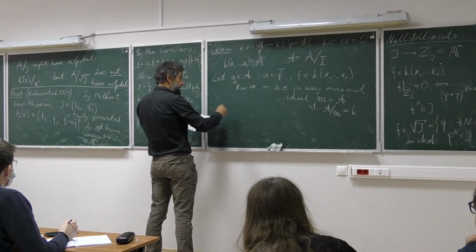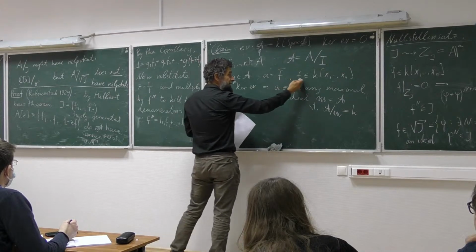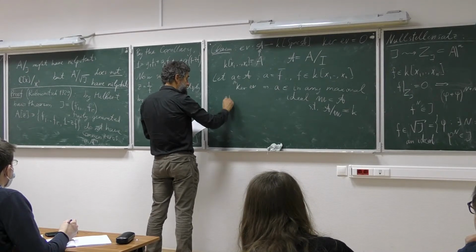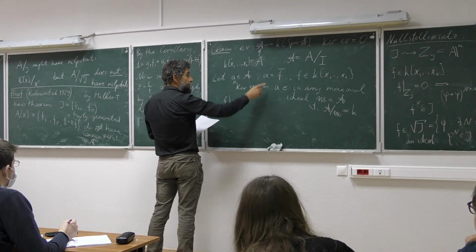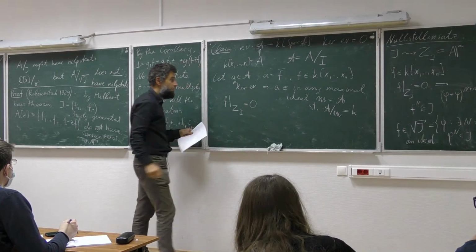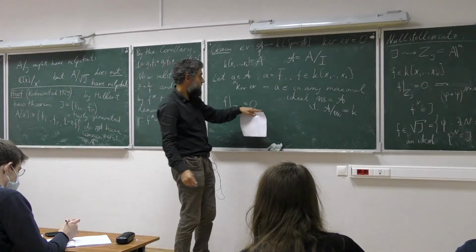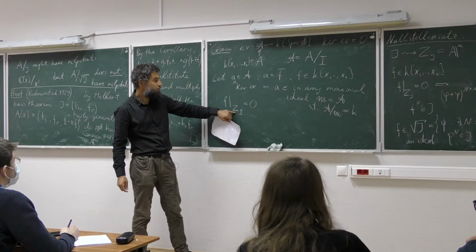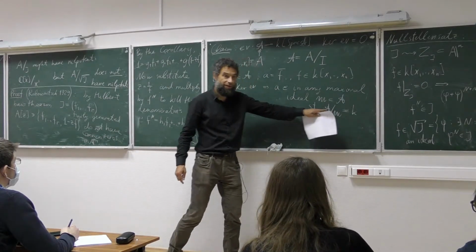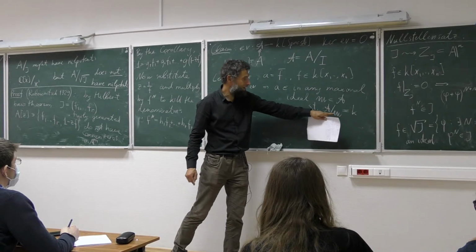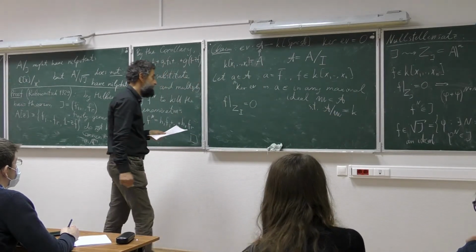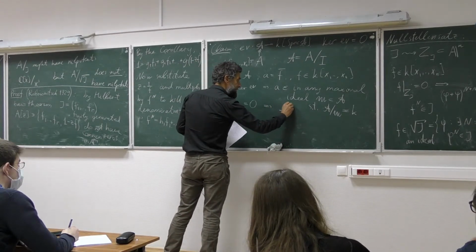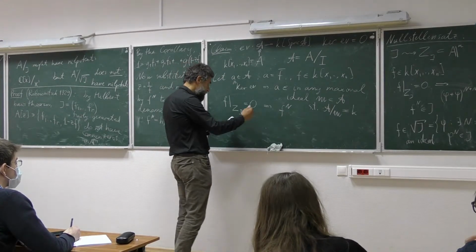Okay, but A is a restriction of some polynomial function. So we know that this function restricted to the set of zeros of my ideal is 0, right? Because all the points in the set of zeros have such a type. They are maximal ideals of A, such that the quotient is K. Okay, but then it means that F lies in the radical of this ideal.